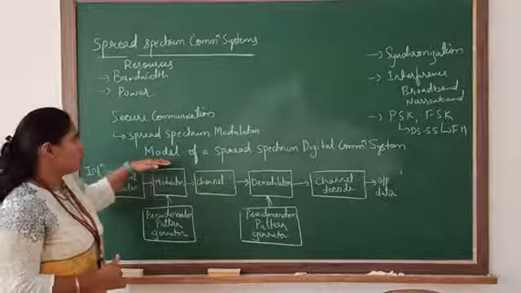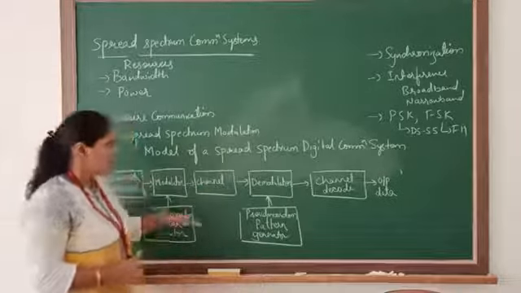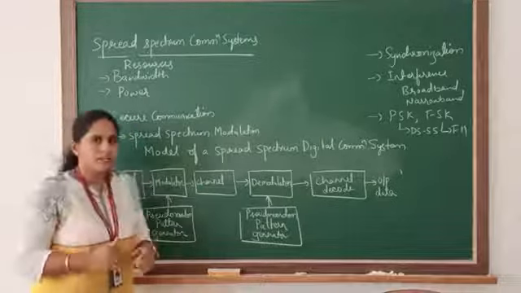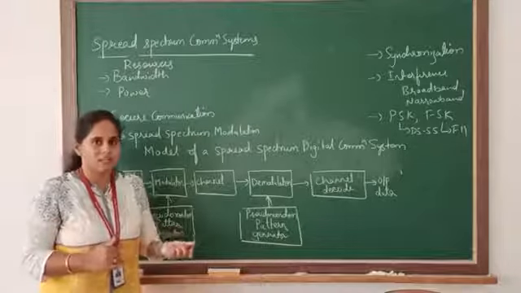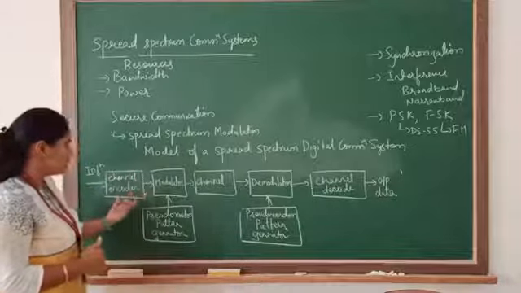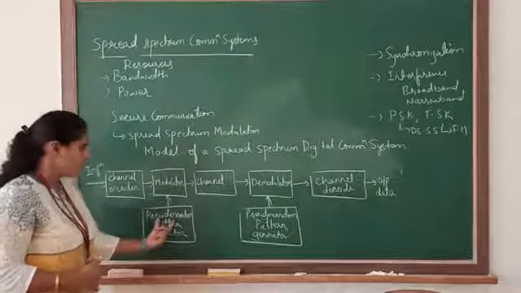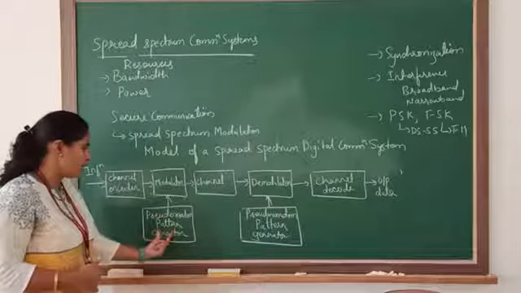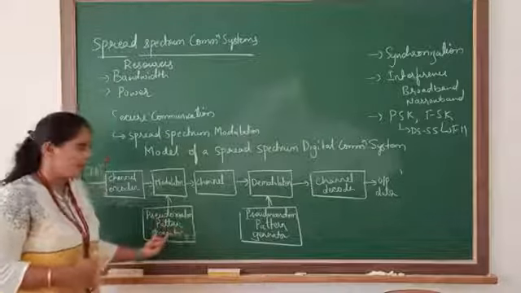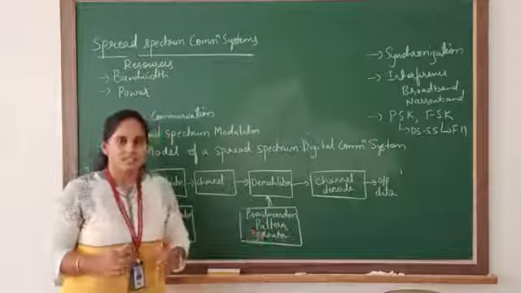Now coming to the model of a spread spectrum digital communication system. The model is the same as the normal block diagram of a communication system, only there are two extra blocks, which are a pseudo-random generator at the transmitter side and a pseudo-random generator at the receiver side.